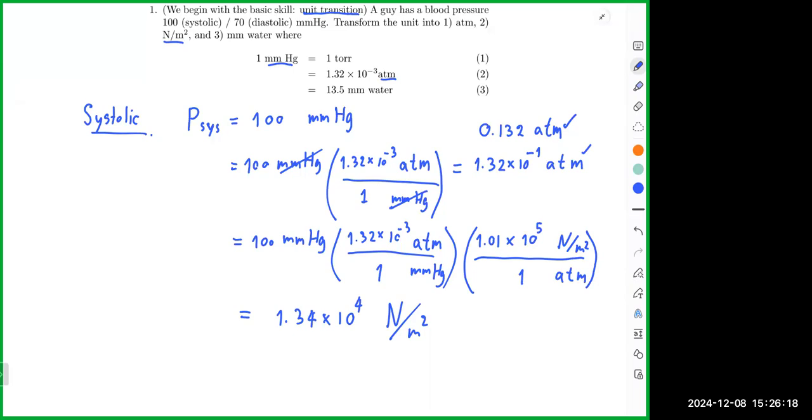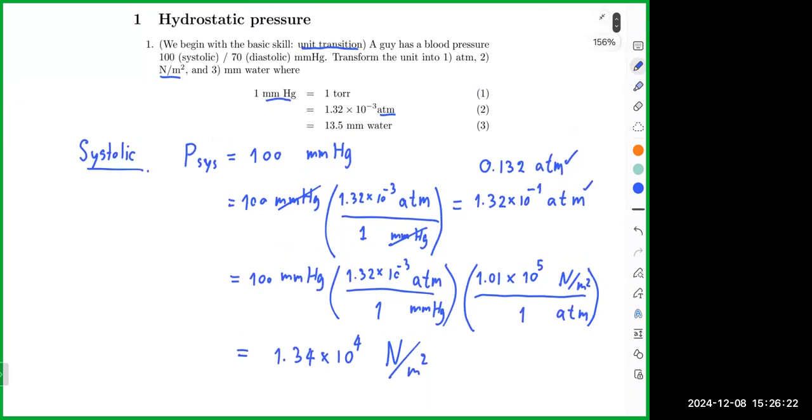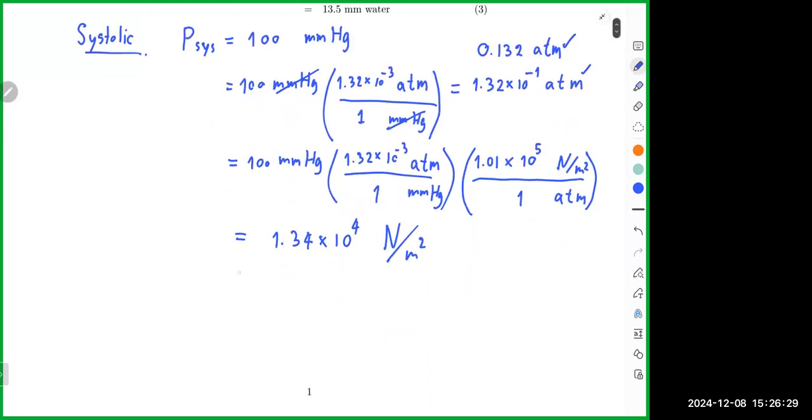Okay. So for the millimeter water, very easy one. You just take the 100 millimeter Hg, and you try to get rid of it. You put it here, right?